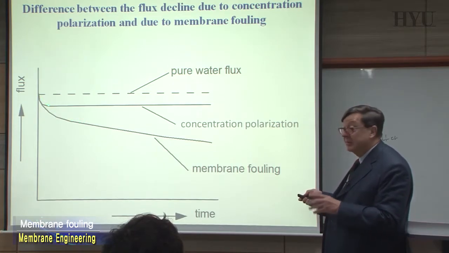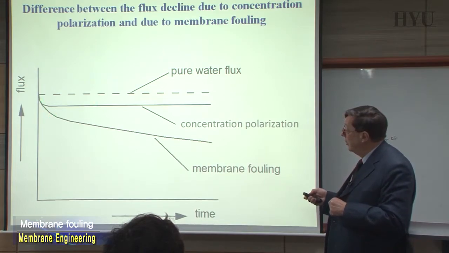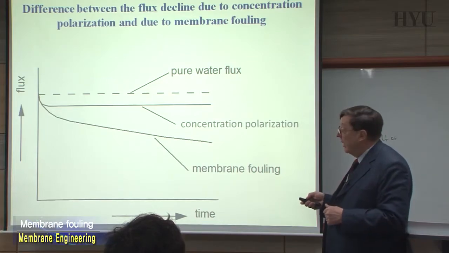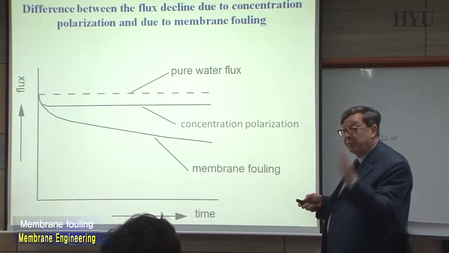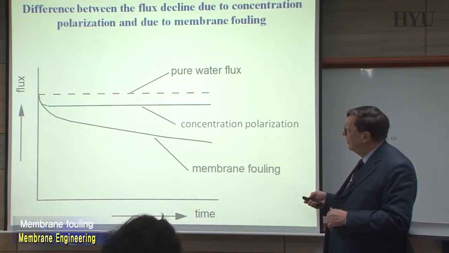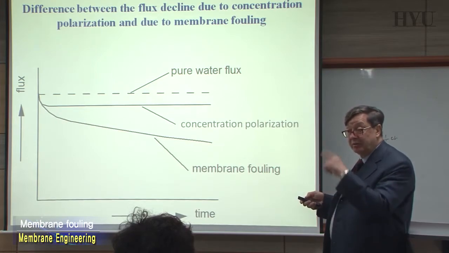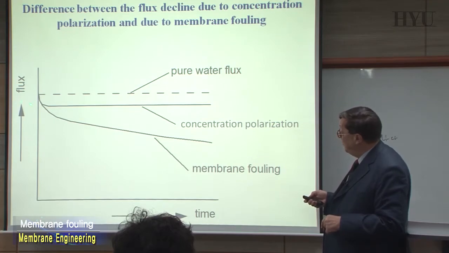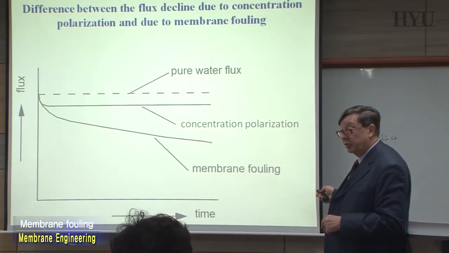But after some time, as you learn already looking from the equation, you can arrive to a kind of steady state. So nothing happens anymore. And this problem also is quite reversible. If you stop transmembrane flux, this flux will go up again. You just clean, you change the concentration profile. What can happen, however, so when you have this kind of phenomena, is just concentration polarization.